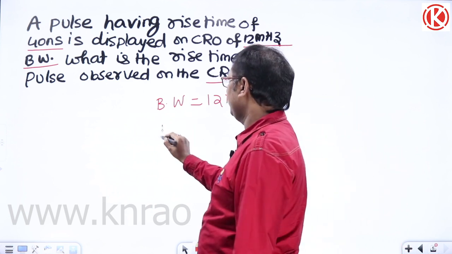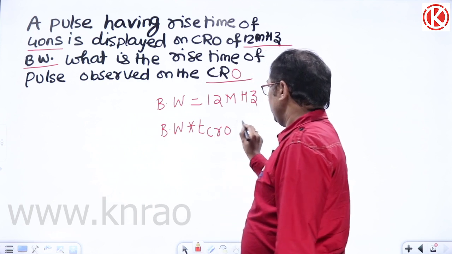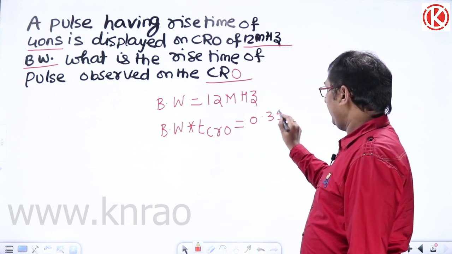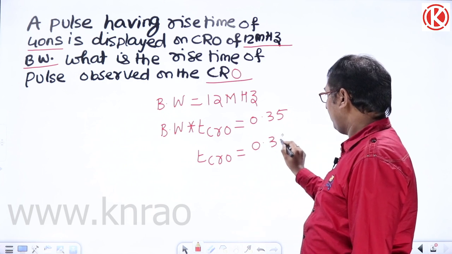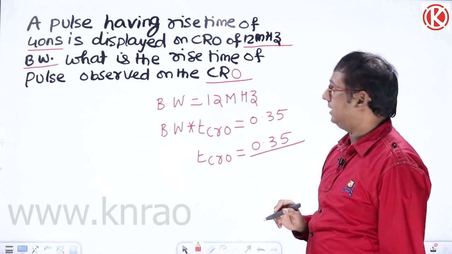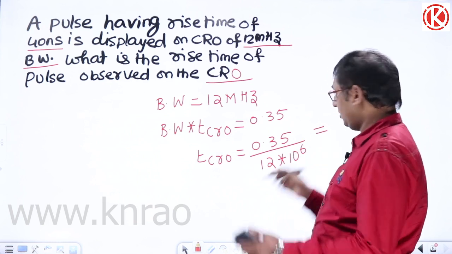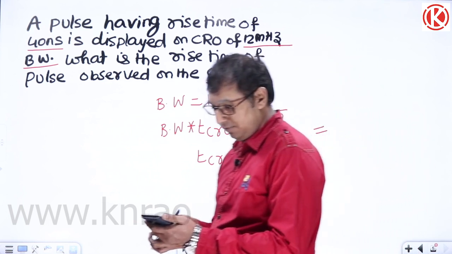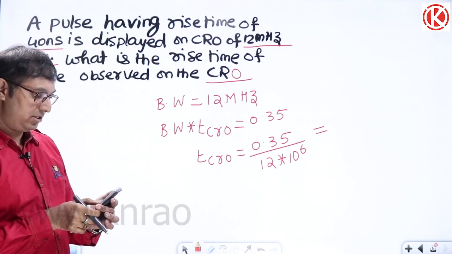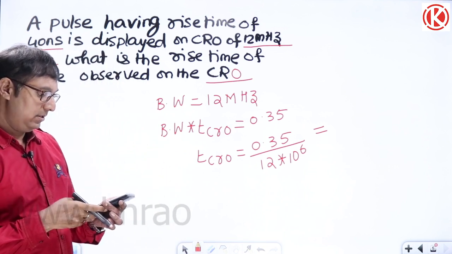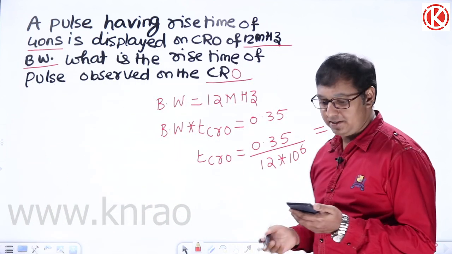We can calculate it. The bandwidth rise time product of a CRO is constant, equal to 0.35. So the rise time of the CRO is 0.35 divided by 12 into 10 power 6, which is 2.9166 into 10 power minus 8.